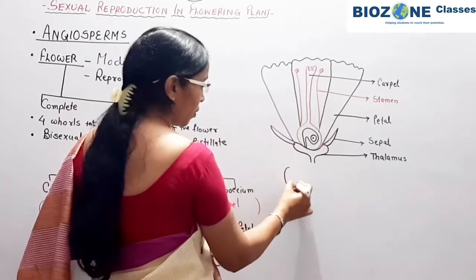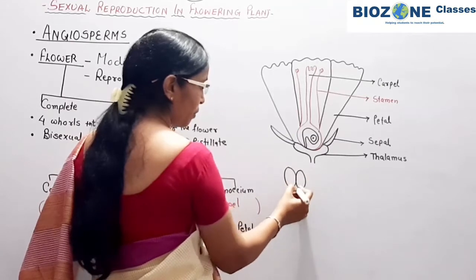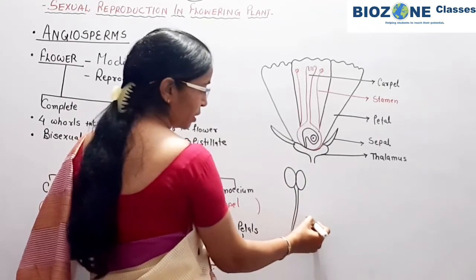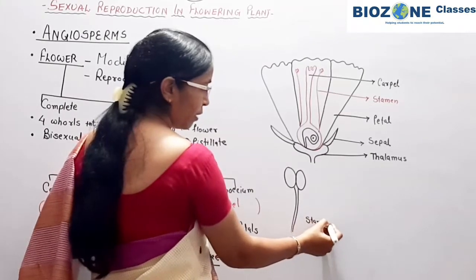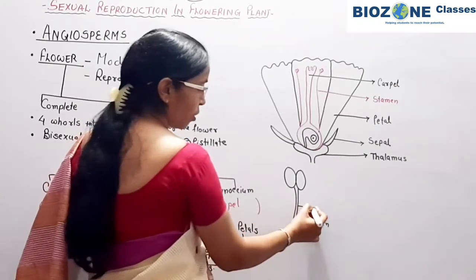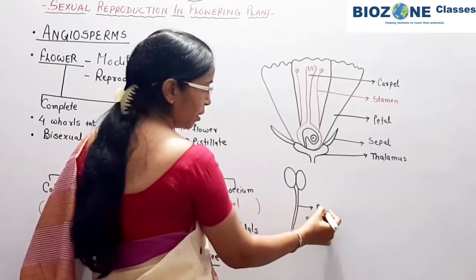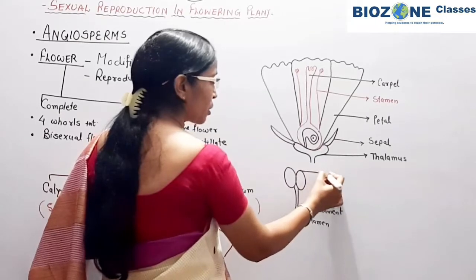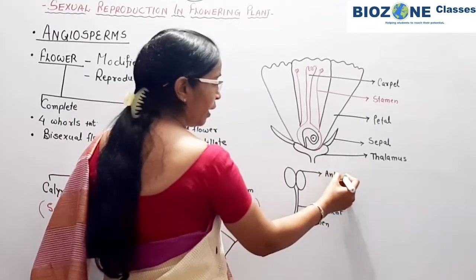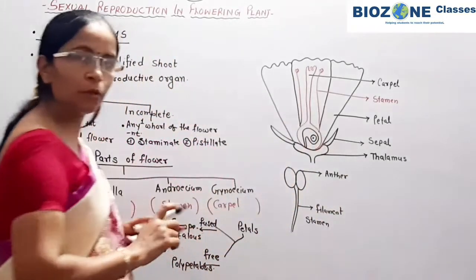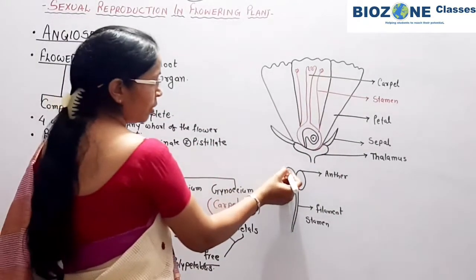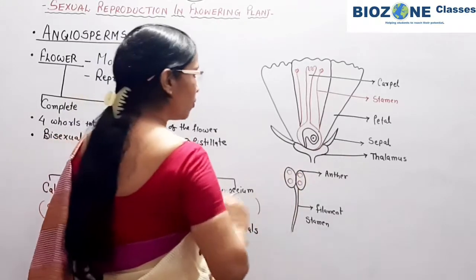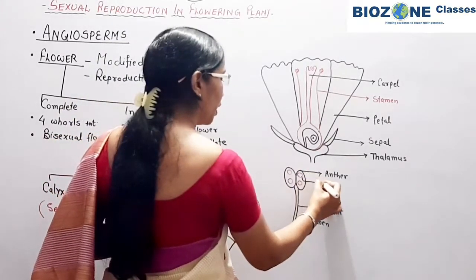If we study the androecium or stamen, this is the general structure of a single stamen. This long slender part of the stamen is called the filament and this part is called the anther. In each anther, you remember, two lobes are there, and in every lobe two microsporangia are there.